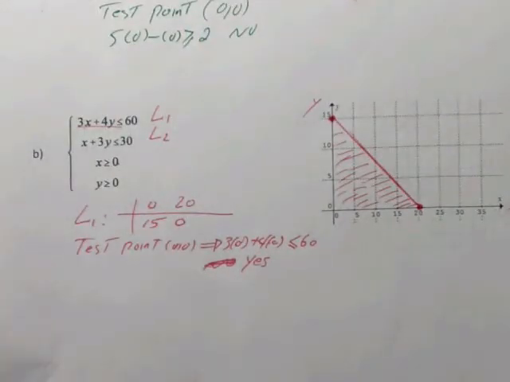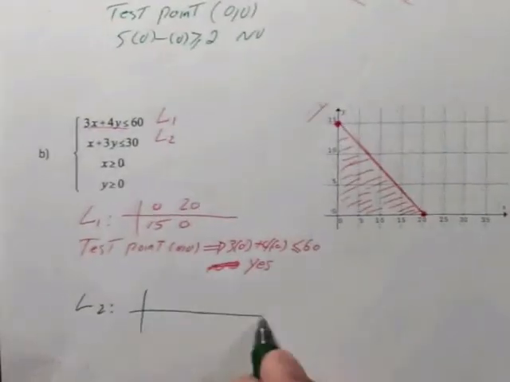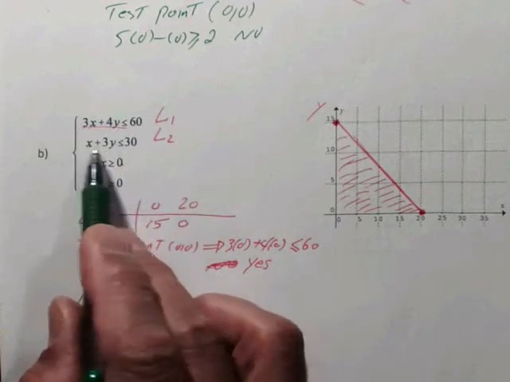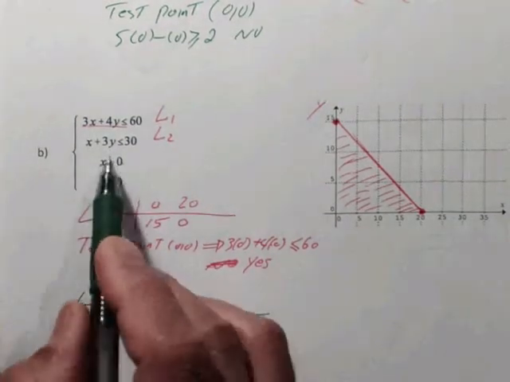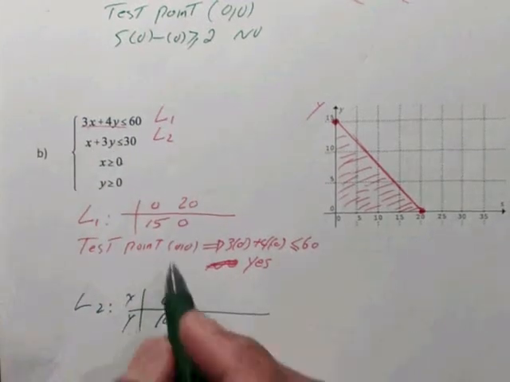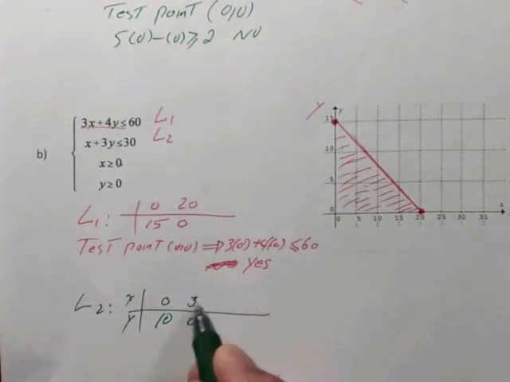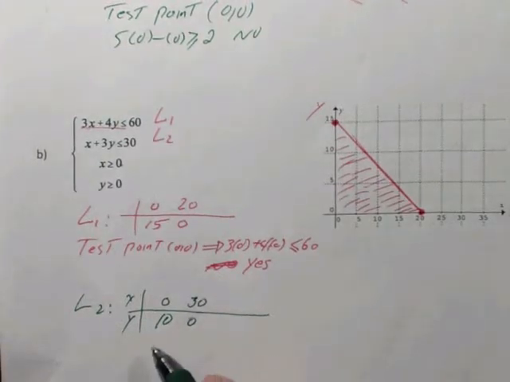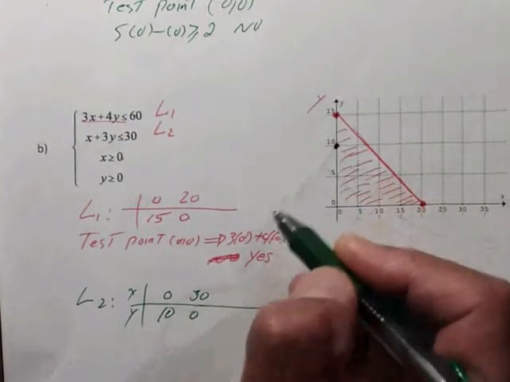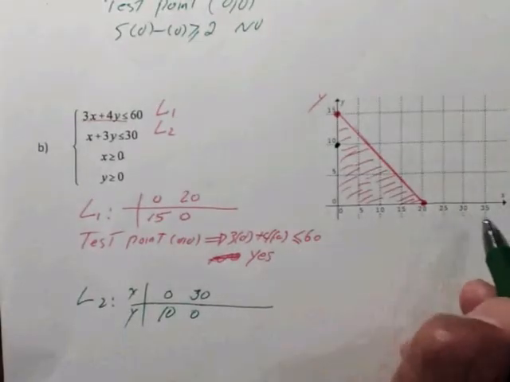And for line L2, put x equal to 0. If I put x equal to 0, I get y equal to 10. And if I put y equal to 0, I get x equal to 30. So let's see, (0, 10) right there, and (30, 0) is right here.